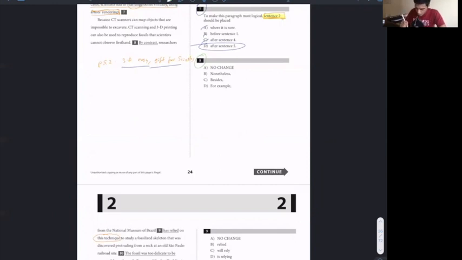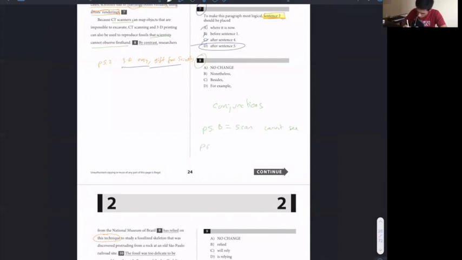Okay. So if you will notice, this question is simply asking the same thing, looking for conjunctions. So how do we do this? We do the point of sentence approach. Point of sentence before is CT scanners can map objects that scientists cannot observe. So scan, cannot see, okay?